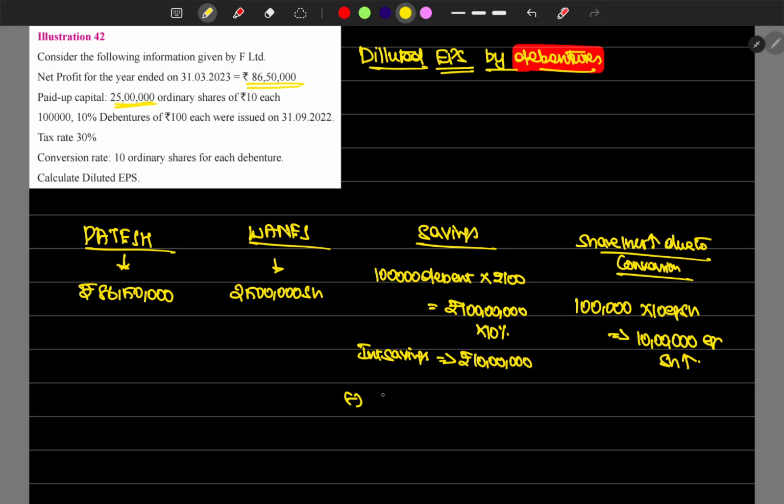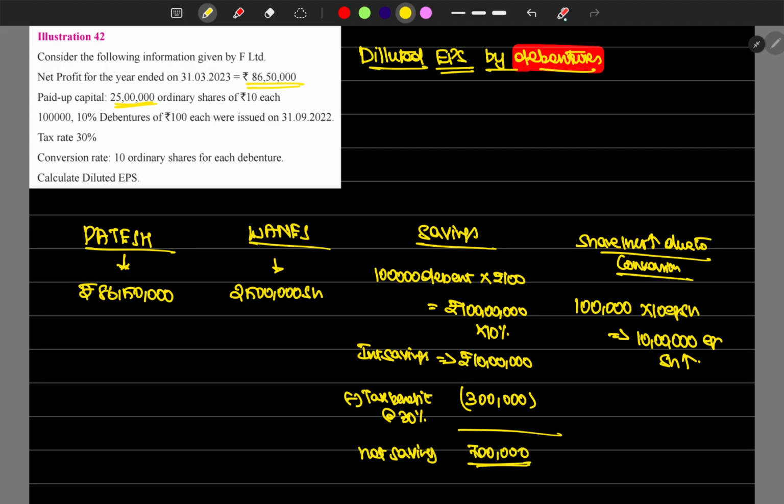What could be the tax benefit out of this interest savings? Tax is 30%. One minute, let me take a calculator. Okay, 10 lakh into 30% is 3 lakh, right? So net saving is 7 lakhs only.